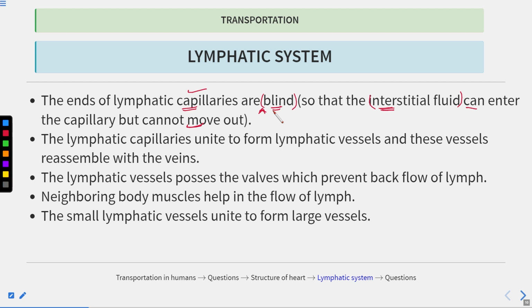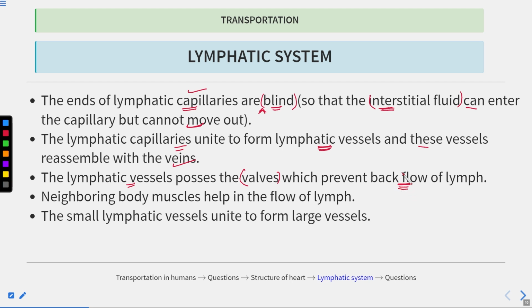Now the lymphatic capillaries further unite to form the lymphatic vessels, and these vessels resemble the veins. So first we have the lymphatic capillaries, then they unite together to form the lymphatic vessels, and these vessels again resemble the veins. Now these lymphatic vessels possess valves, or walls, which prevent the backflow of the lymph.